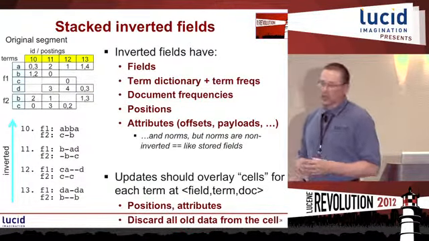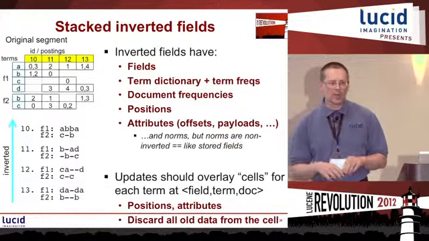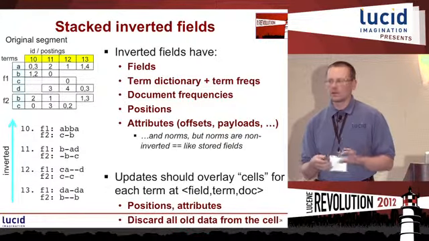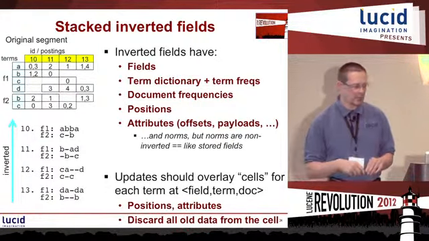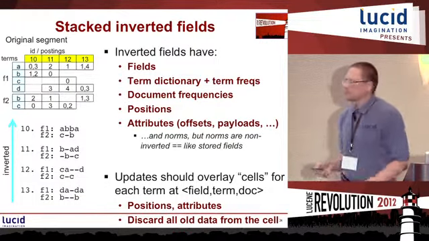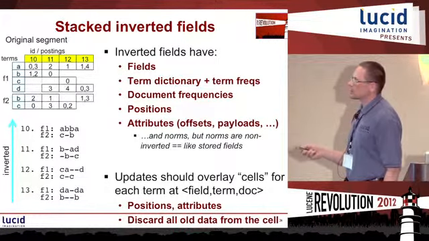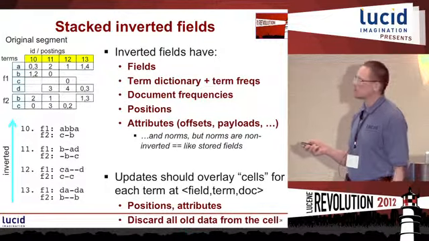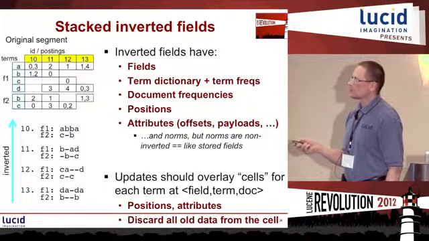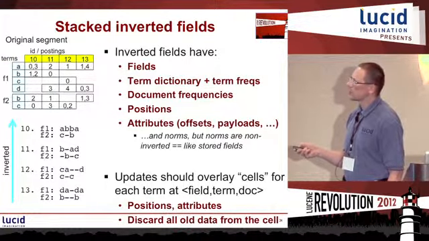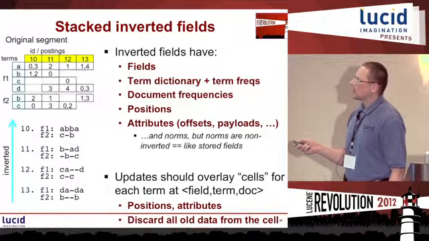Now we come to a more complicated part, which is how to apply the same design to inverted fields. Well, that's roughly the logical representation of inverted fields in Lucene. You have the term dictionary, you have the terms per field, and then you have the postings.